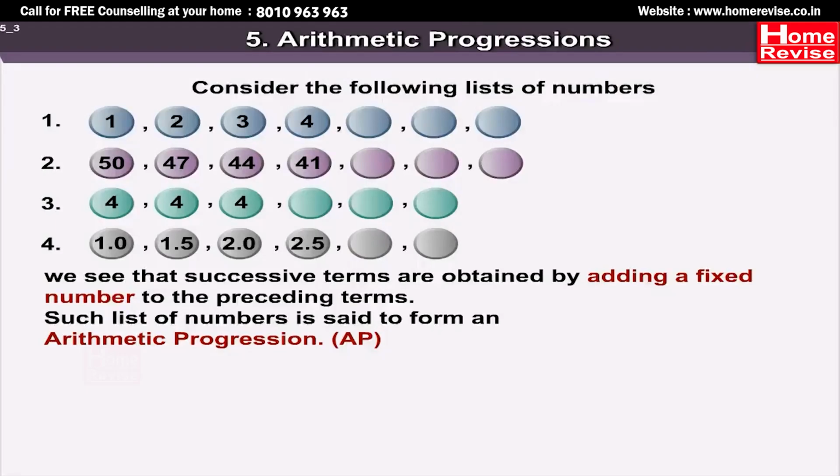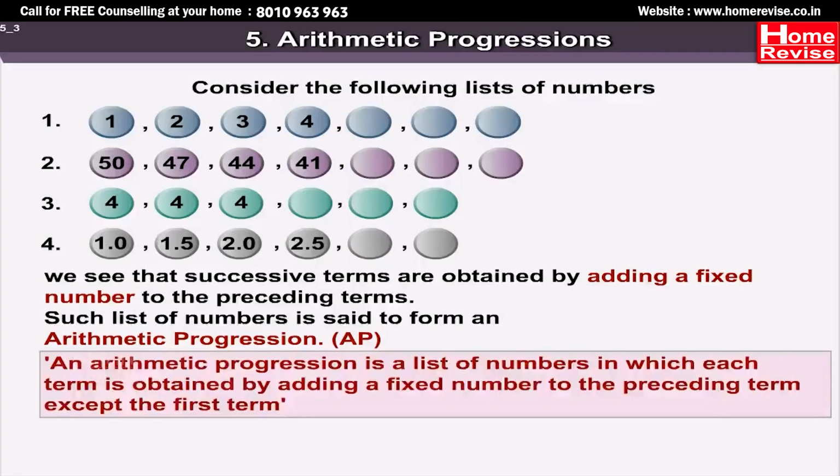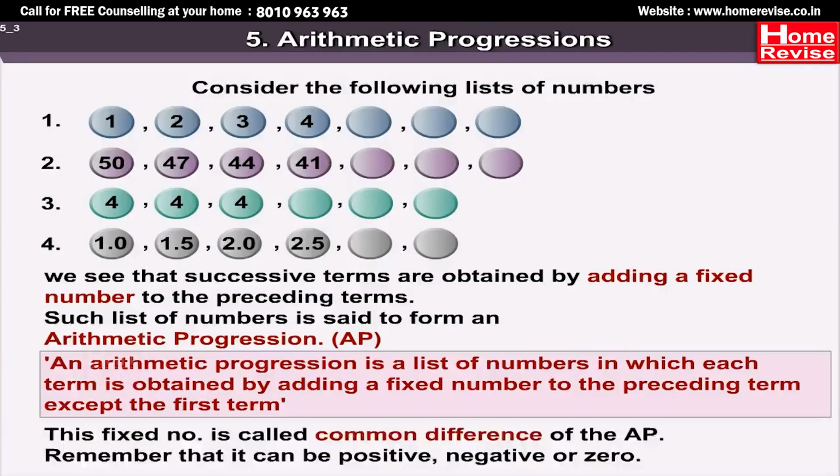So, an arithmetic progression is a list of numbers in which each term is obtained by adding a fixed number to the preceding term, except the first term. This fixed number is called the common difference of the AP. Remember that it can be positive, negative, or 0.